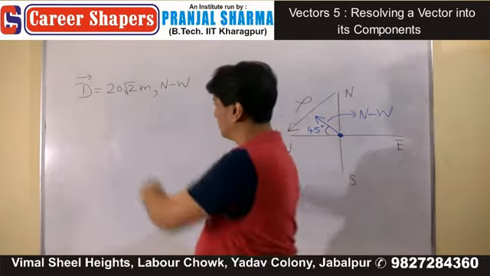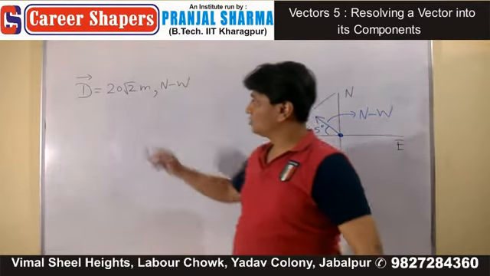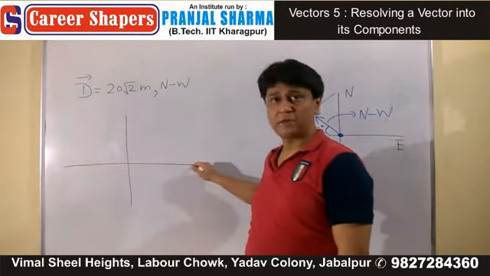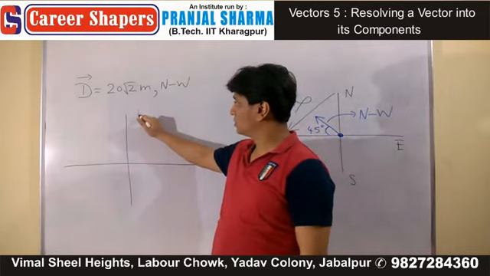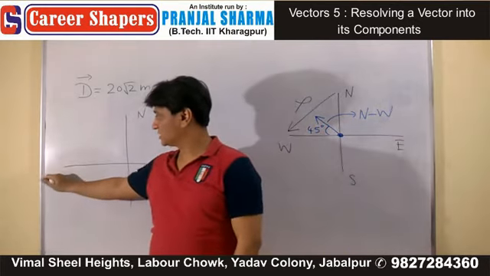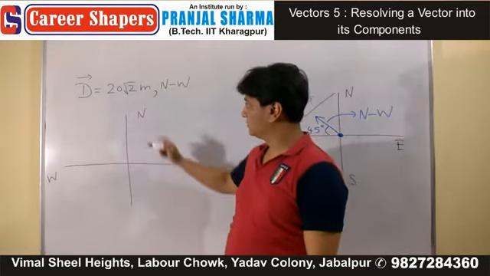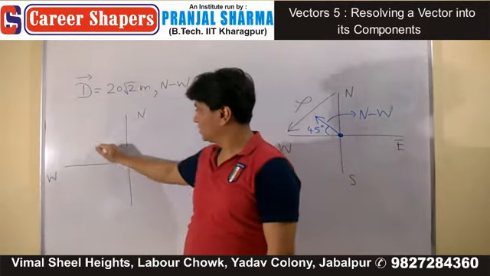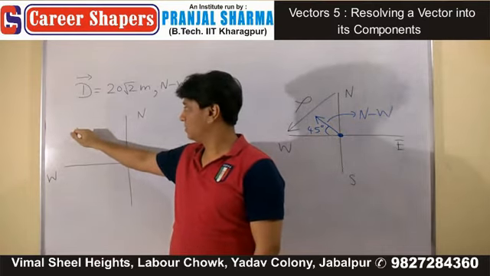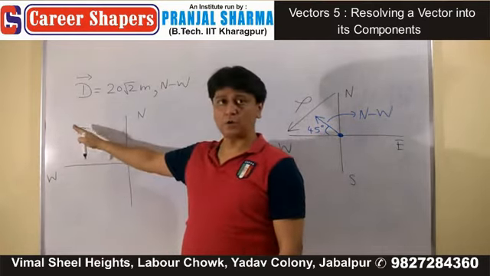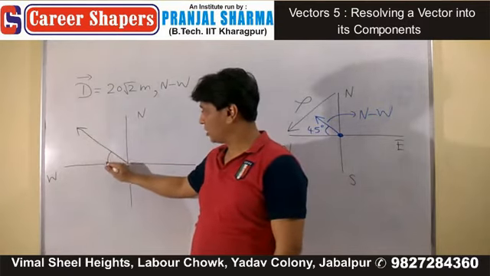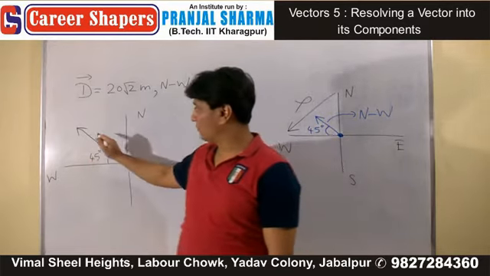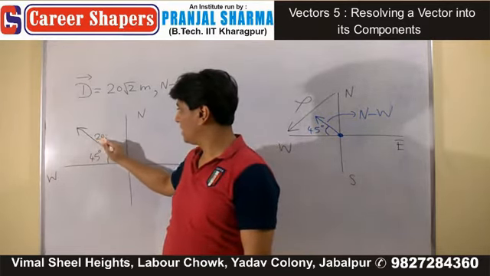And now, look here. So, we have been given a compass like this. This is north, this is west, and then 20 root 2 northwest. We will draw an arrow which makes an angle of 45 degrees, and the length of this arrow is 20 root 2.